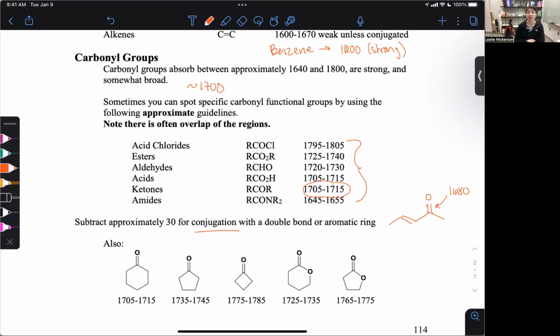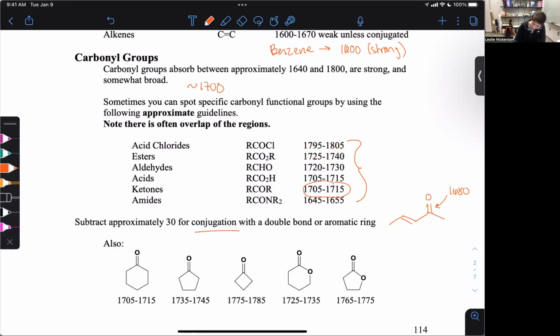Okay, so that's one of those things that it's easier to spot once you know the structure, but if you're not sure of the structure and you don't know that you have something that's conjugated yet, that can be kind of tricky to go like, well, I have any of these ranges plus like a subtraction of 30 that I'm looking for. So it can get kind of complicated.